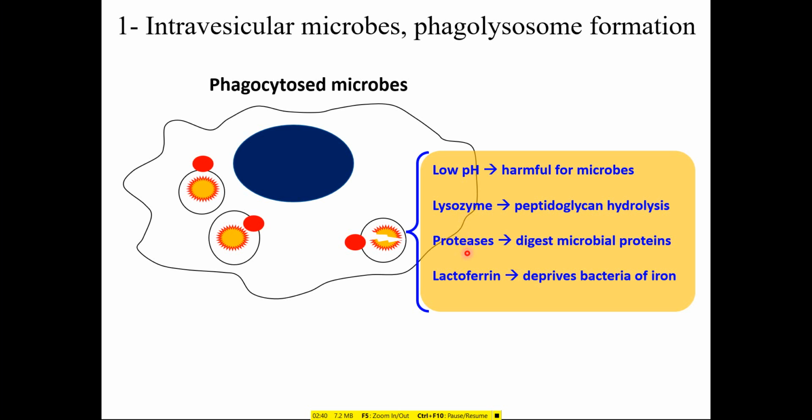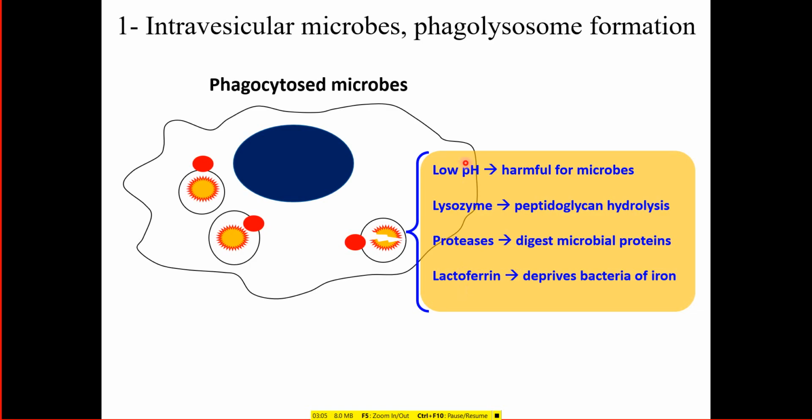If I have a pathogen, well, I have a lot of proteins, so if you expose me to proteases, it will cleave my proteins and I will get damaged. And some more specific mechanisms, like proteins which bind to iron, which is a necessary element for the proliferation of a lot of different pathogens.